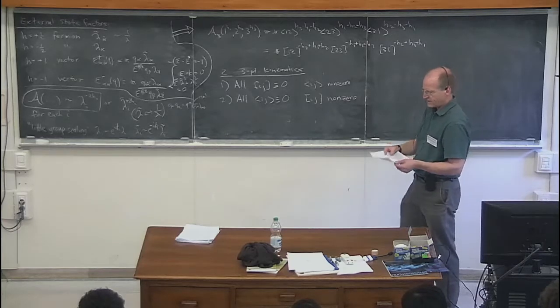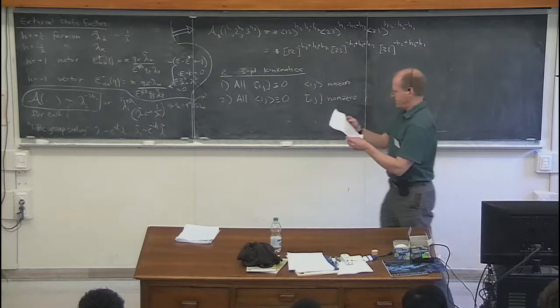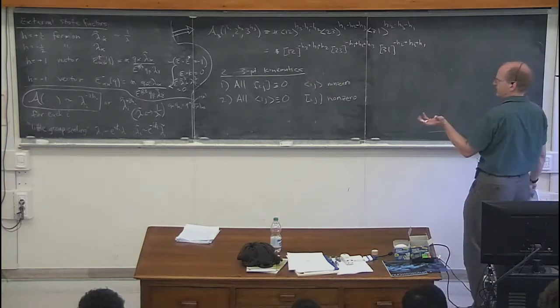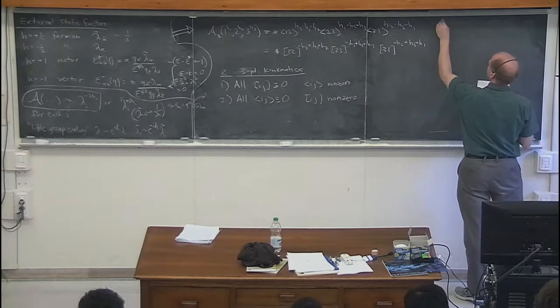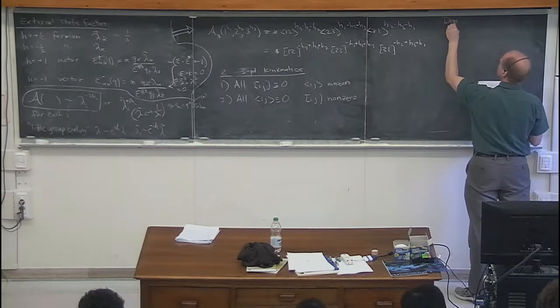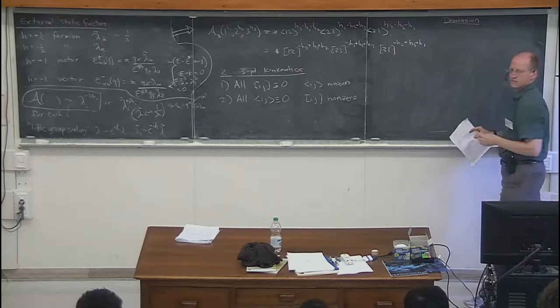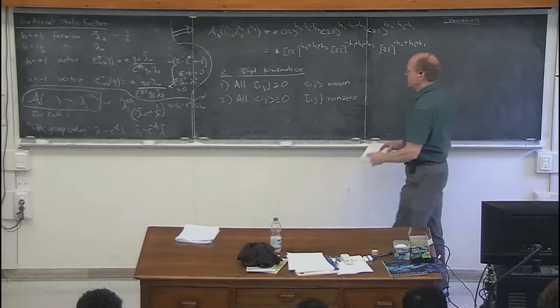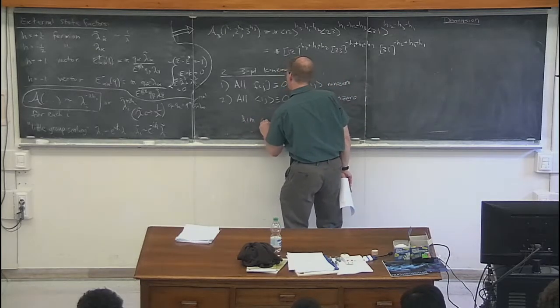So the distinction between the two, once we pick the external helicities, is going to be the overall dimension. What is the dimension of lambda ij?